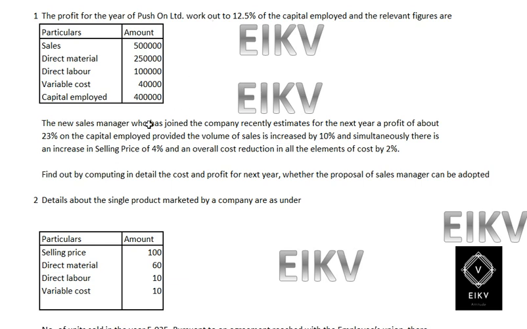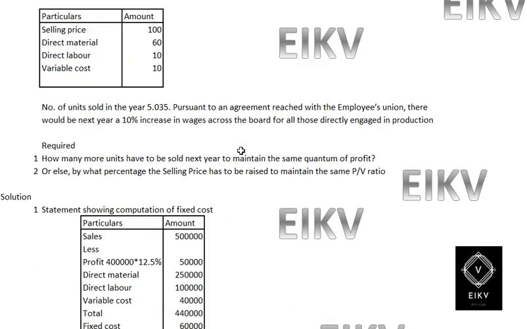But a sales manager has recommended another strategy on which they will get 23% return on capital employed. For that the volume will be increased by 10%, simultaneously there will be an increase in selling price of 4%, and overall cost will be reduced by 2%.